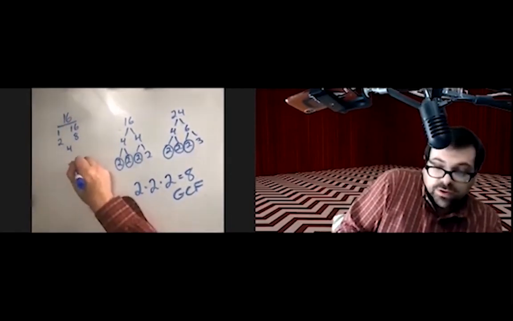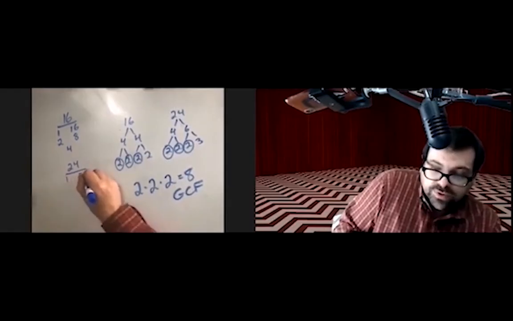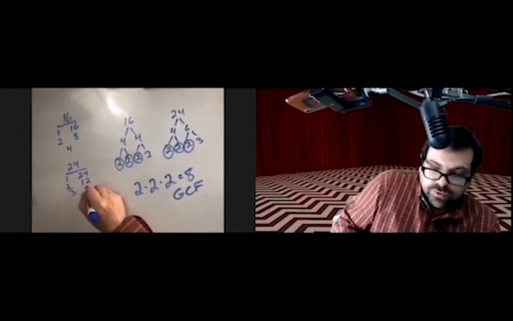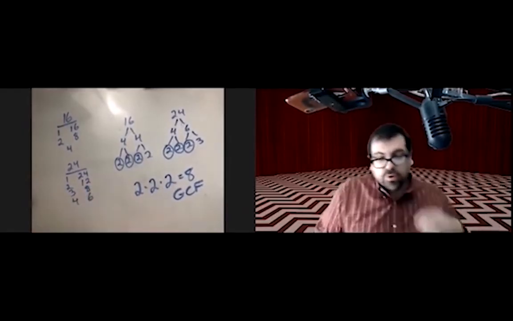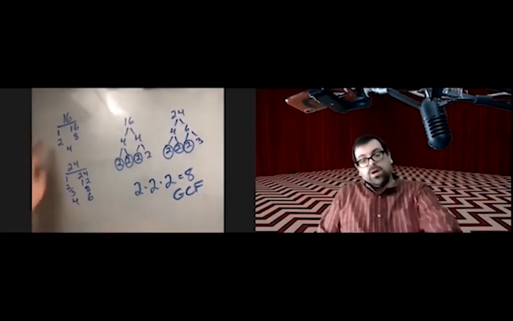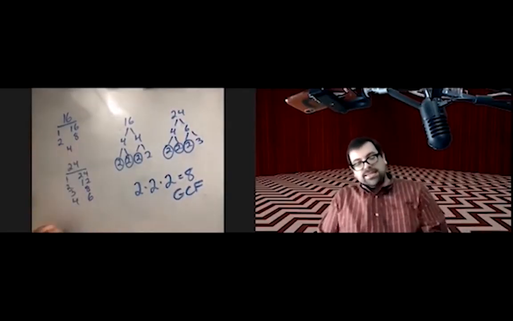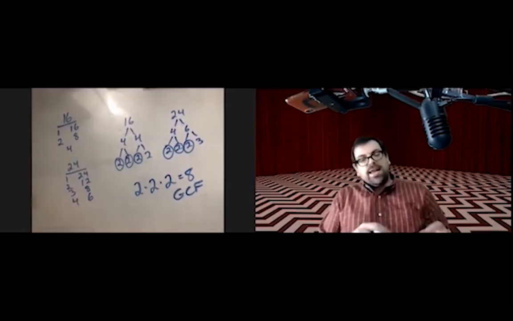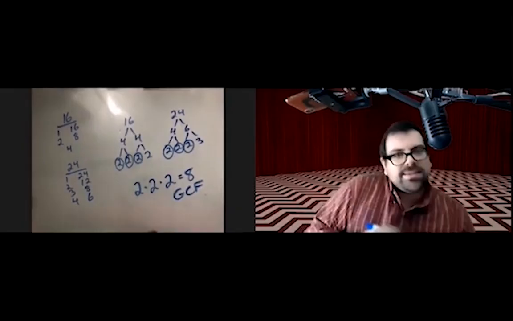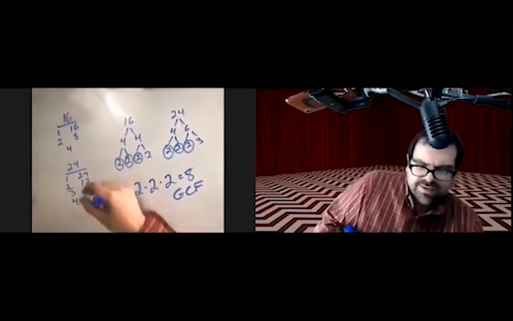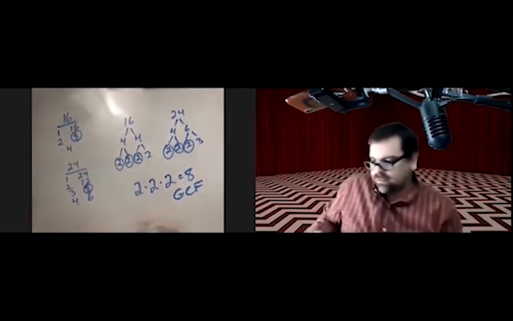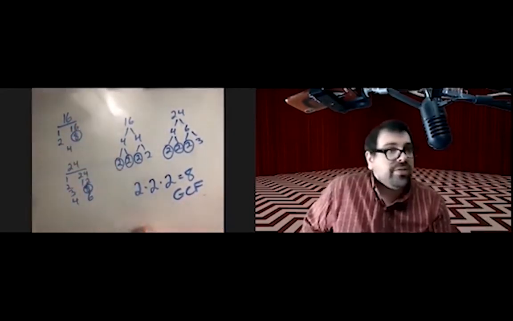For 24: 1 and 24, 2 and 12, 3 and 8, 4 and 6. 1, 2, 4, and 8 are common factors to 16 and 24, but what is the greatest common factor? What is the biggest number in both lists? 8, the greatest common factor.